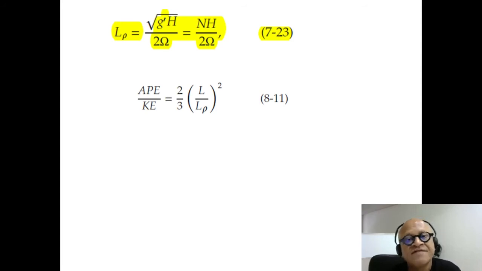But we had derived this expression that APE over KE, available potential energy over kinetic energy, is 2/3 of L over L rho squared, where L is the horizontal scale of motion.